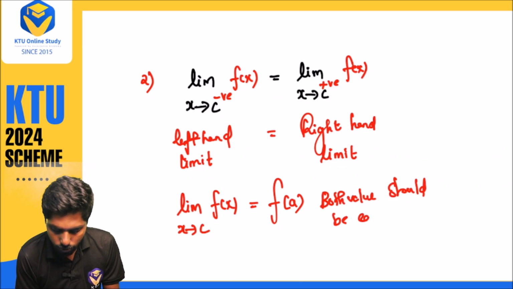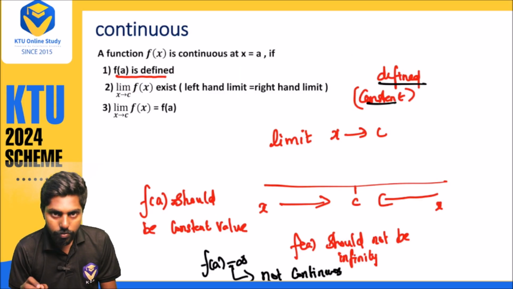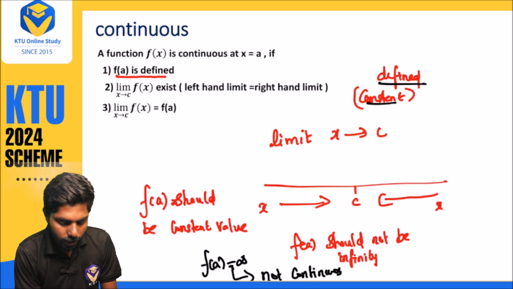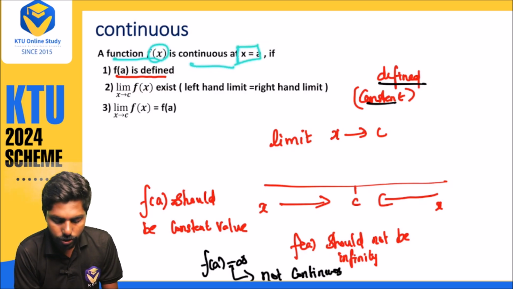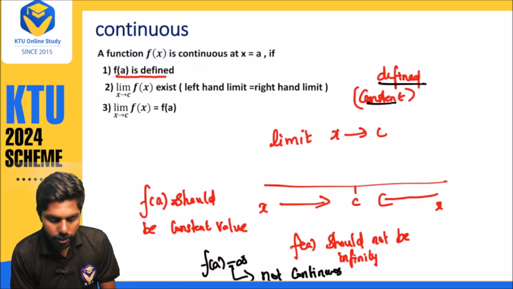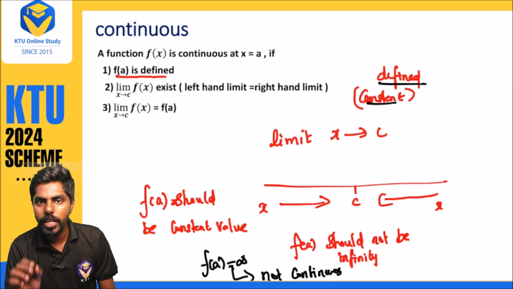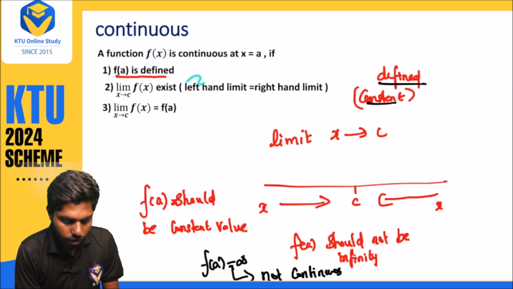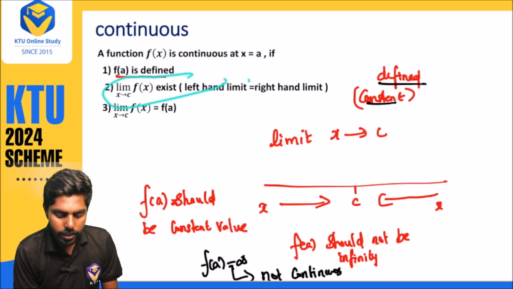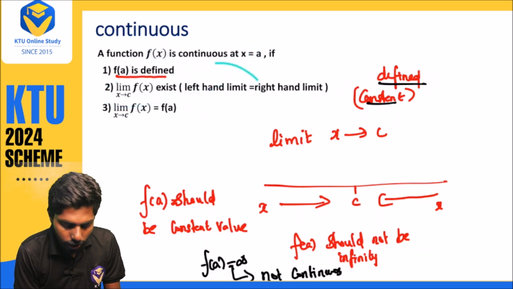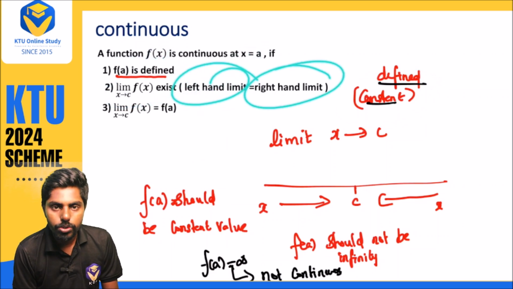So from here, what do you understand? If a function f of x is continuous at x equal to a, there are three conditions. One is that f of a is defined, that is, it should be a constant value, or we can also say it should not be infinite. The second condition is that the left hand limit and right hand limit should be equal.